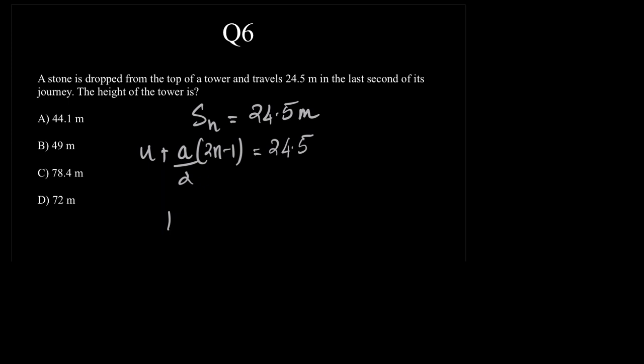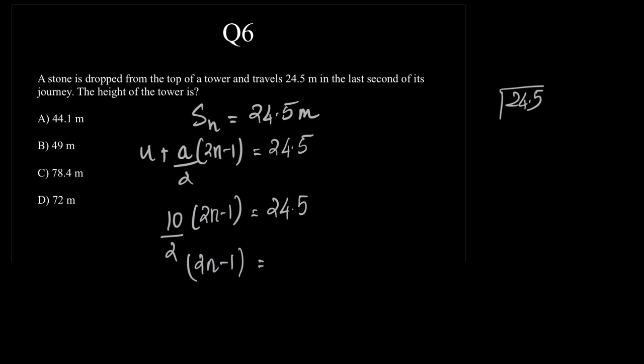We know it's 0, a is 10, so we have 10 by 2 into 2n minus 1 is equal to 24.5. 10 by 2 is 5, so we have 2n minus 1 is equal to 24.5 by 5, which is 4.9. So 2n is equal to 4.9 plus 1, which is 5.9. Therefore, n would be equal to 5.9 by 2, which is basically 2 point.